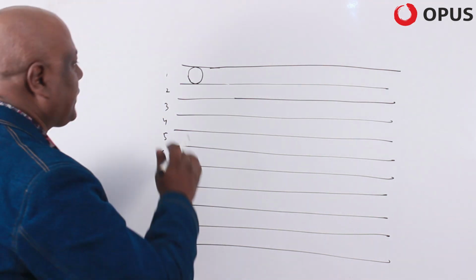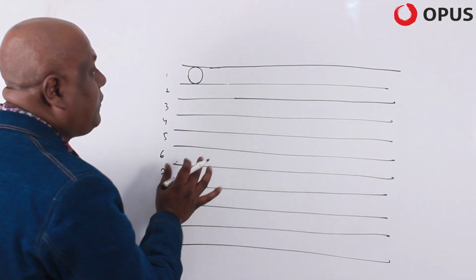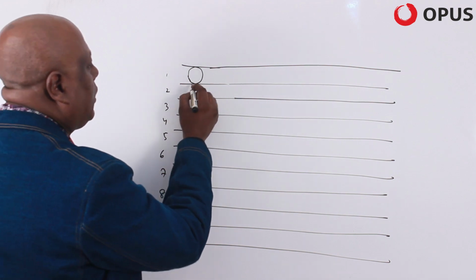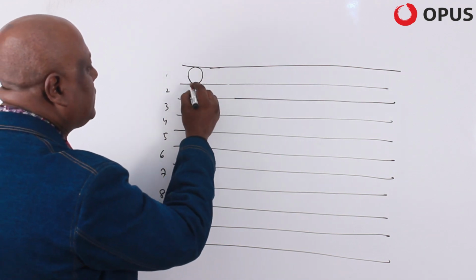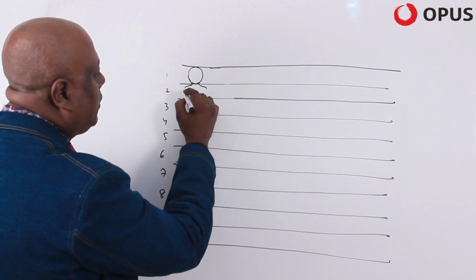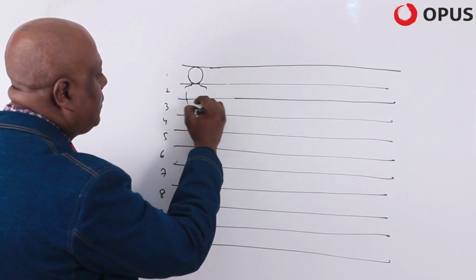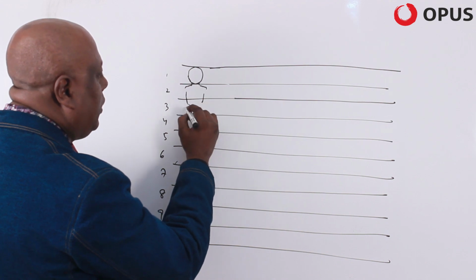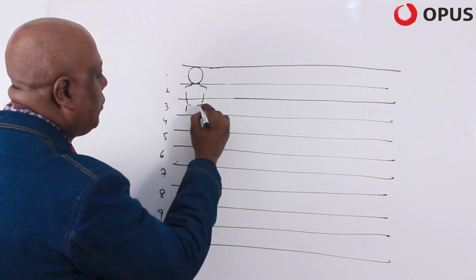If you want to make an infant, a kid, then the head stays the same size, the neck becomes shorter, the shoulder is smaller, and the body is very small. Just have a look at how I draw.